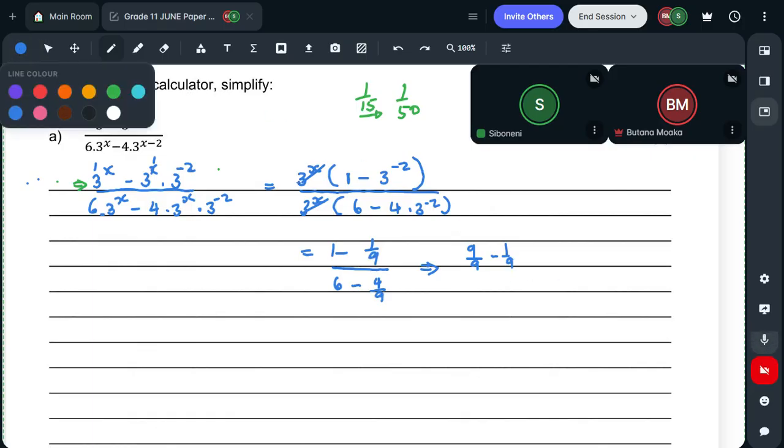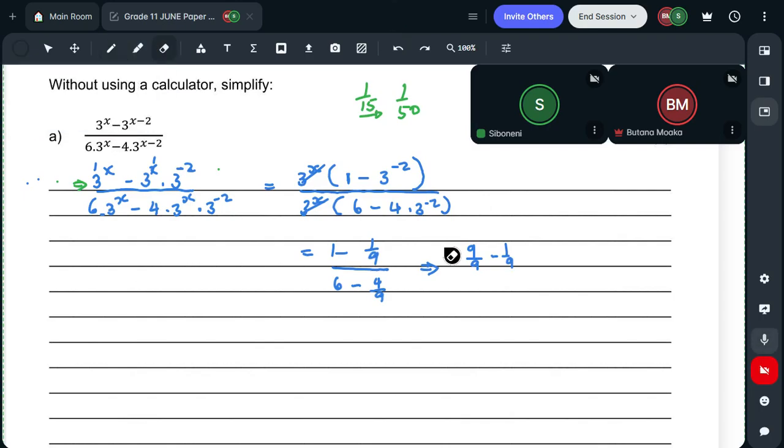You understand? The denominators are the same. This is grade 9's work, né? So I can say this is the same as 9 minus 1 over 9. Do the same this side, which is 9 over 9. What is 9 times 6?